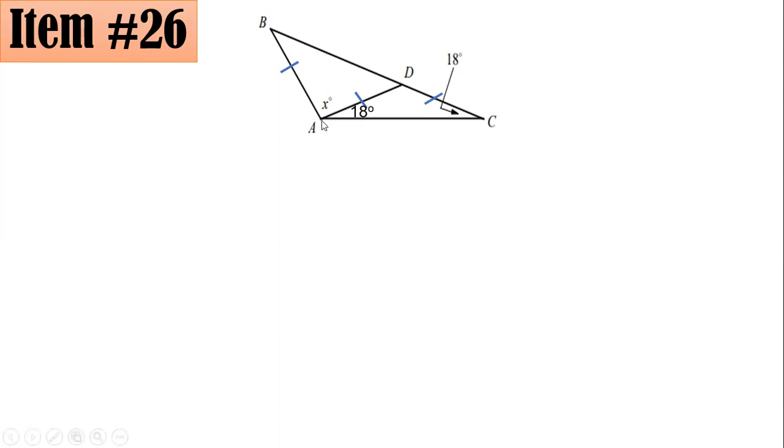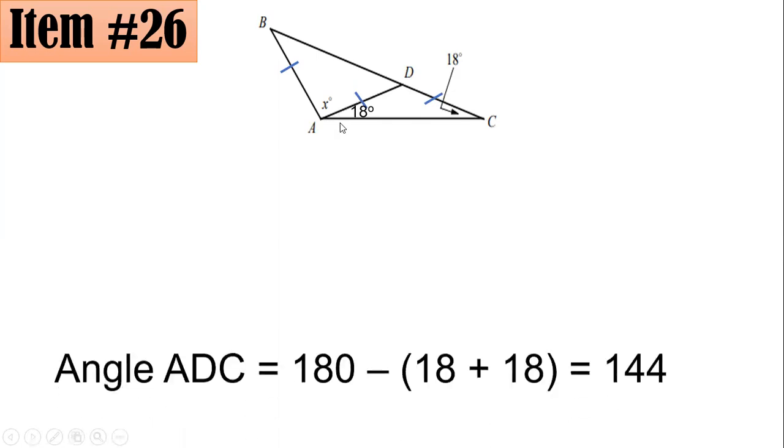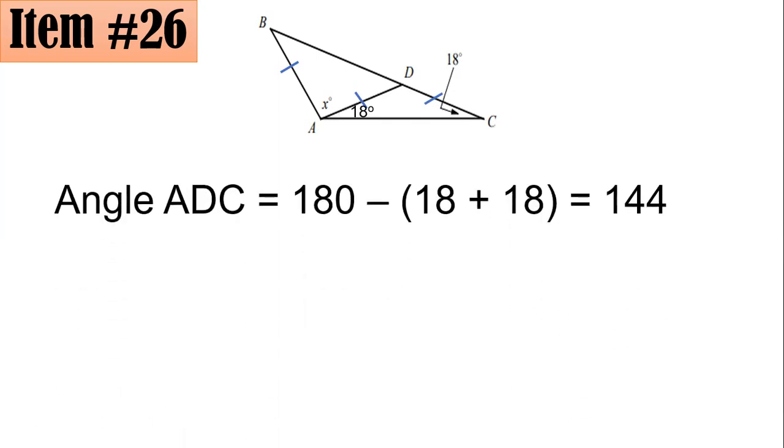Also, we know that ADC is a triangle, and the sum of the measures of the interior angles of a triangle is 180. That's why to get the measure of angle ADC, I take 180 degrees and subtract these two 18 degrees. That's why angle ADC is 144 degrees as shown here.